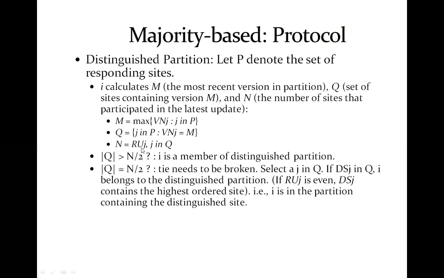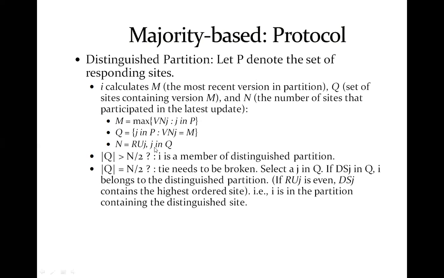So N will have RUJ, meaning whatever the replica update is, where J is an element of Q. Based on these calculations, M stands for the most recent version in the partition. Q is the set of sites containing the version M, meaning the maximum, the latest version, and N is the number of sites that participated in the latest update. There may be two sites, three sites, or one site; that will be equal to N.